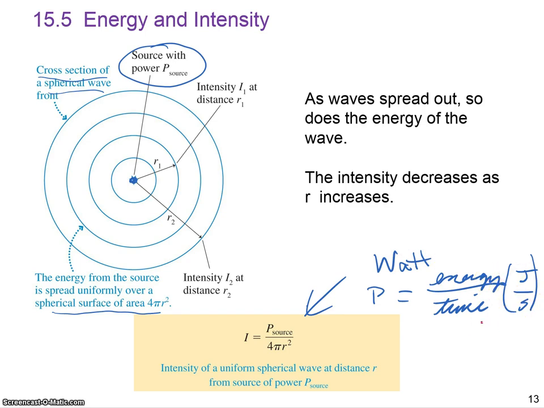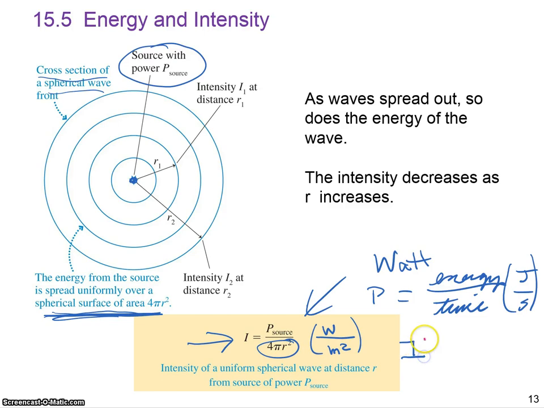So what we're doing down here is we're taking power, which is in watts, and dividing it by meters squared. So that's what we mean by intensity. It's so many watts per meter squared. And this formula only works for spherical surfaces because the denominator is the area of a sphere. So keep that in mind.